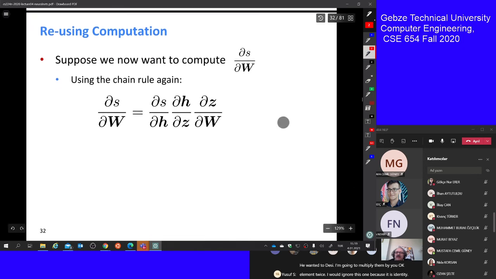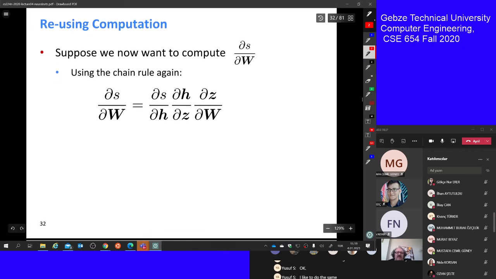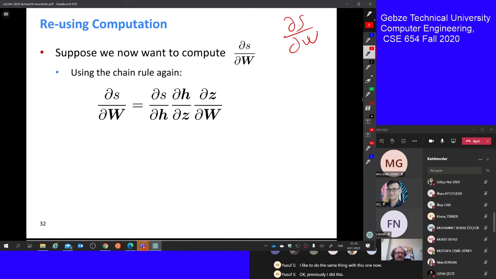Okay, I like to do the same thing with this one now. Okay, previously I did with respect to bias. If I change the bias a little bit, what happens to S? Now I am wondering, if I change the weights of the first layer, what happens to S? Okay, the formula is here. Okay, remember the previously this part.